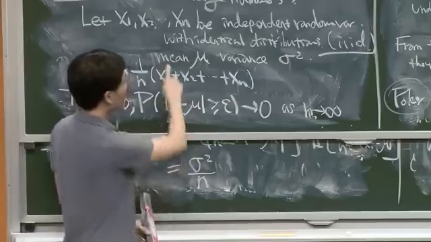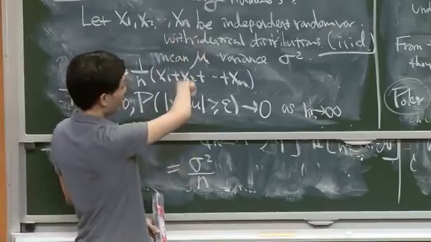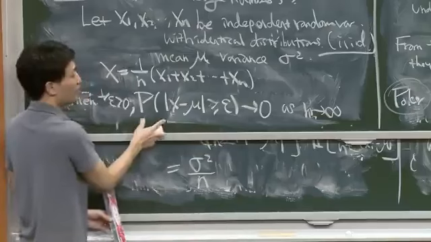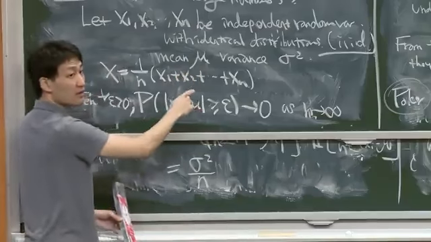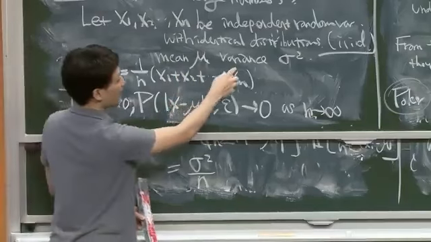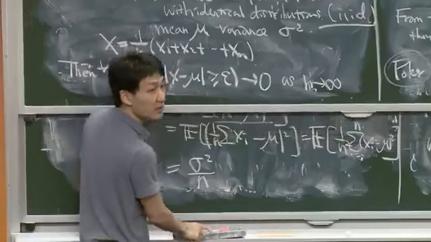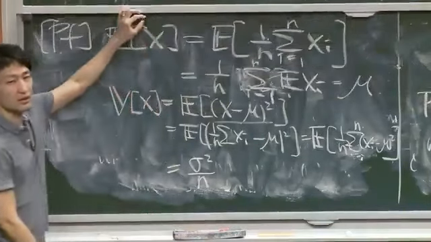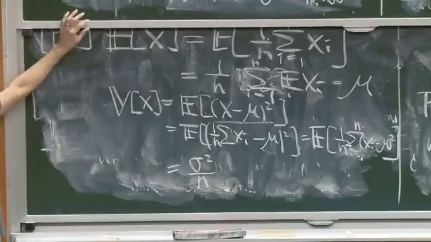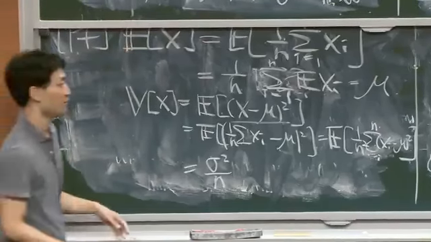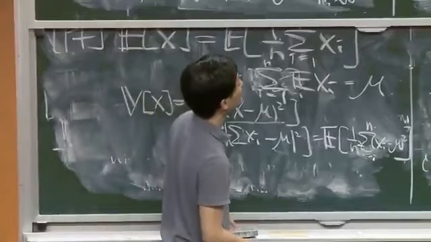And also, the conditions I gave here is a very strong condition. The same conclusion is true even if you weaken some of the conditions. So for example, the variance does not have to exist. It can be replaced by some other condition, and so on. But here I just want it to be in a simple form so that it's easy to prove. And you just get the spirit of what's happening.